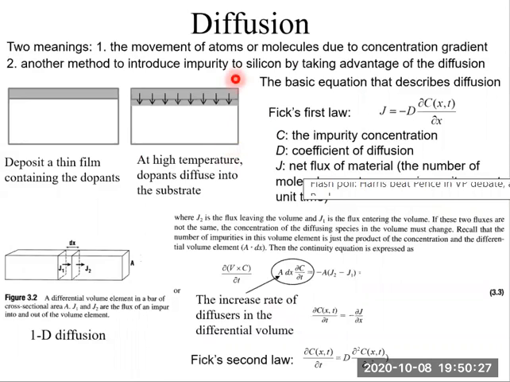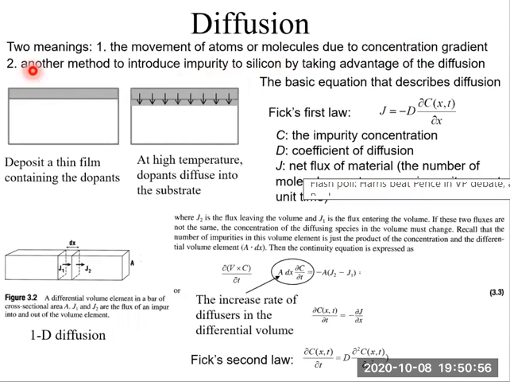Next, let's discuss diffusion. In the microfabrication community, diffusion has two meanings. First, it refers to the movement of atoms or molecules due to concentration gradient. This is actually the commonly known meaning of diffusion.